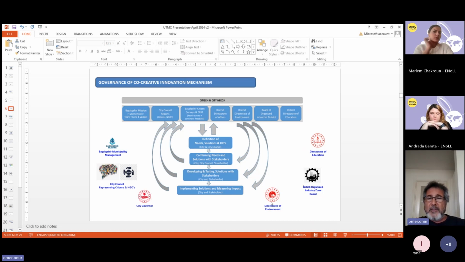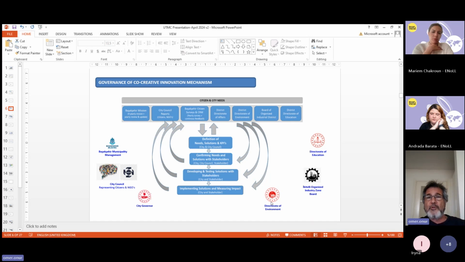So if we look at the structure here, first of all we have to define the needs of the citizens and also provide propositions of solutions.